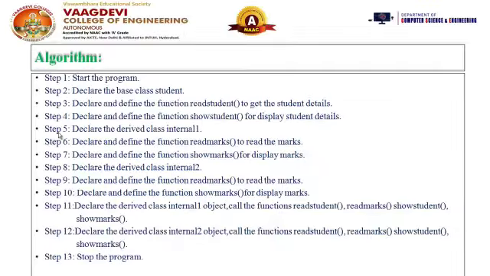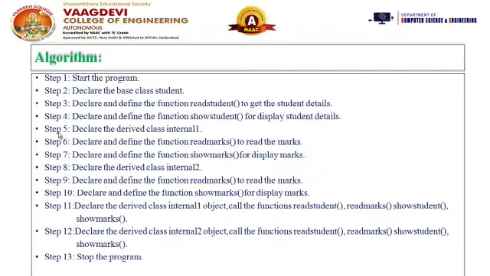The first 3 steps are to create the class, define variables, and define the read student member function to get student details. In the next step, we will define a member function to display student details. In step 5, we will create the derived class internal 1.